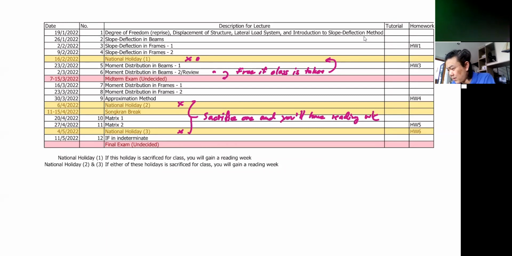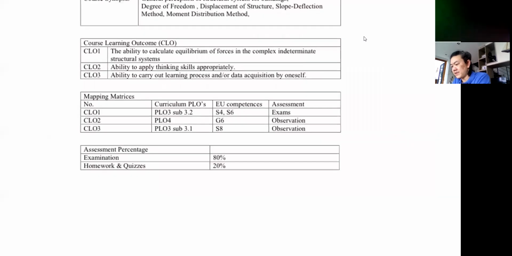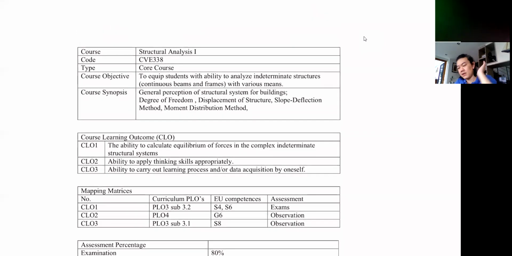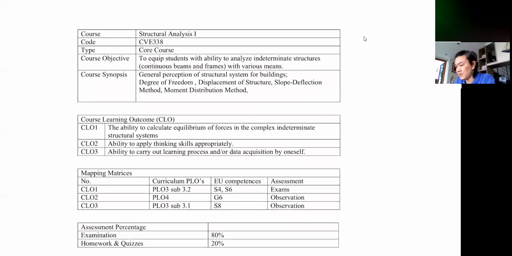Yeah, the course portfolio, this is pretty simple; you guys should be used to this by now. This is CVE338. Here, just to give you the knowledge of the analysis of indeterminate structures, mainly in this class.